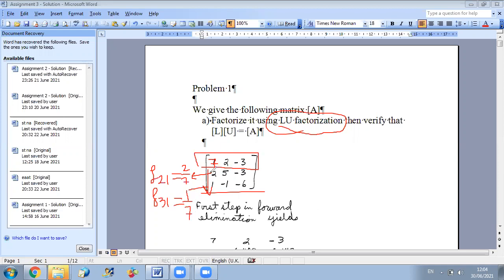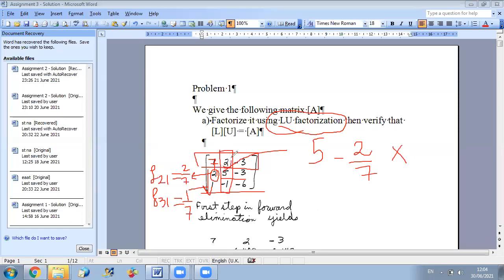Once I perform this, I am ready to start my forward elimination. When I apply forward elimination, I should get 0 here, and I should update these coefficients. So this one will become 5 minus factor f21, which is 2 over 7, times, always I look at the element in the same column in the pivot equation.